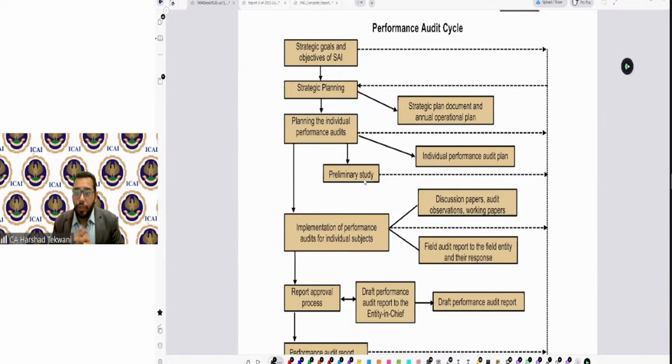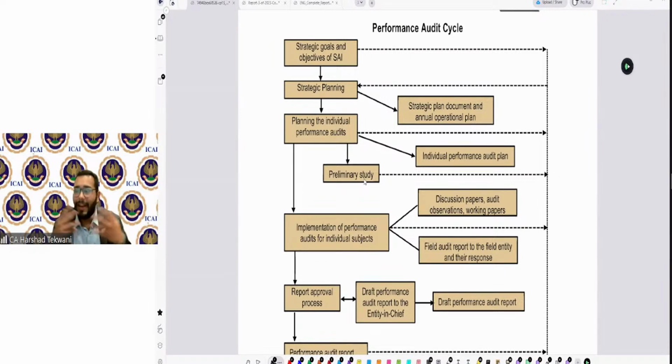Planning means it is not a normal planning that we do in the financial audit, like identifying the material items and performing a risk assessment. But planning means strategic planning, understanding the function, understanding the particular activity or program. We document that particular strategic plan, operational plan. Then these performance audits are understood.